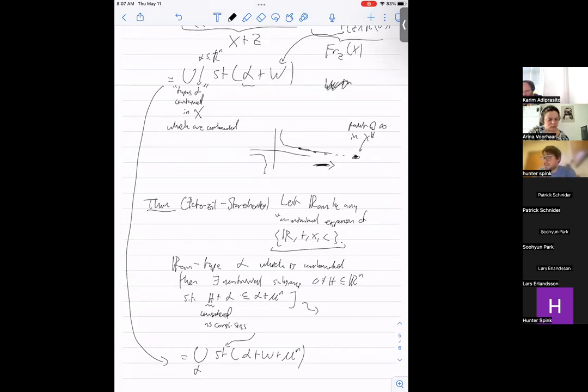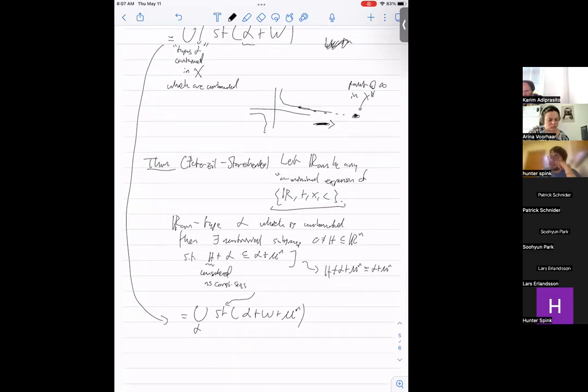So if I rephrase this as h plus alpha plus mu to the n is equal to alpha plus mu to the n, then we get this very nice fact: it's a union of things which are stable under addition by a subgroup, where the subgroup depends on alpha.